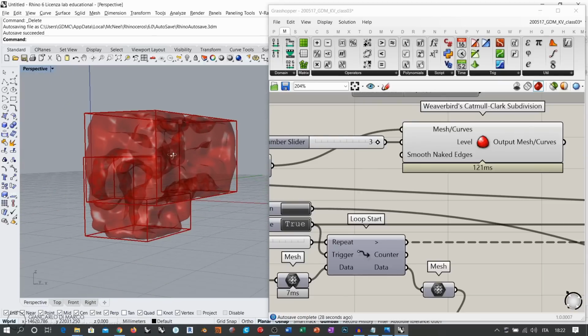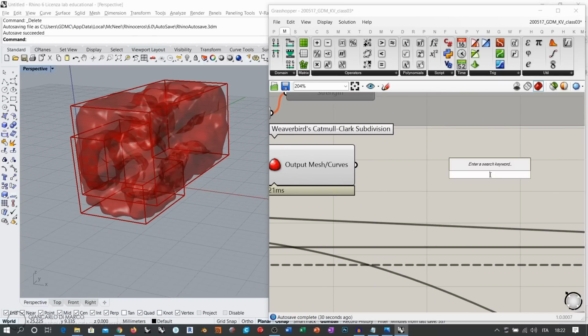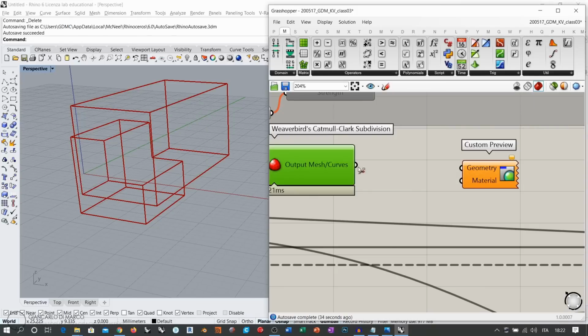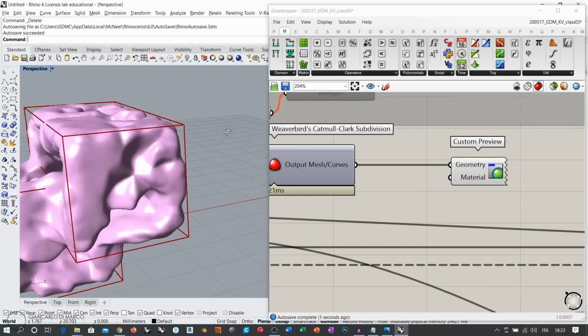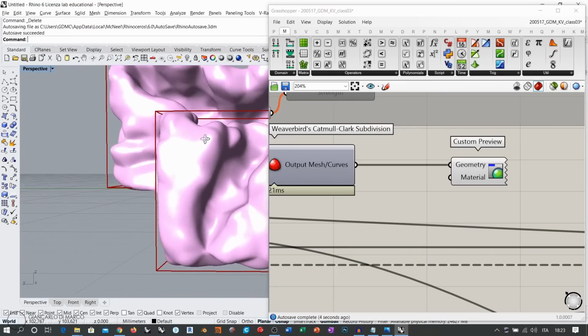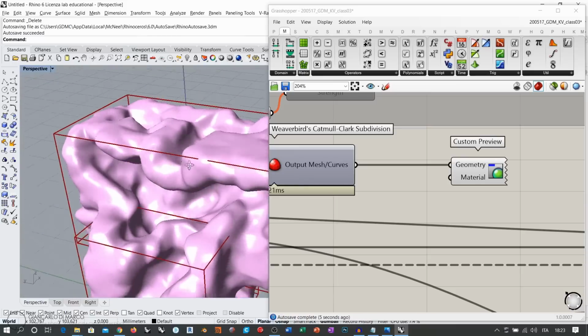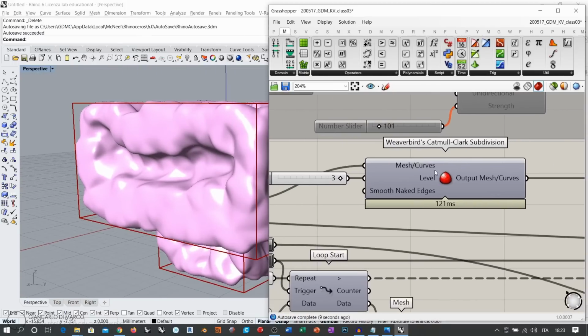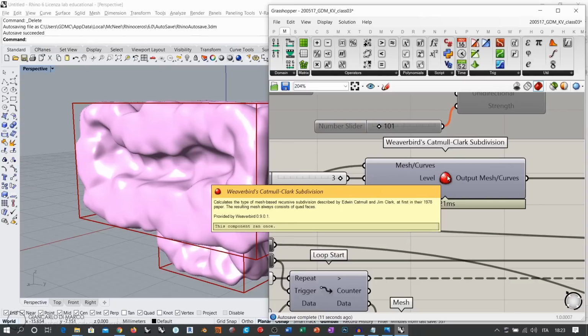If you want to have a look at this object a little more clearly, you can use a custom preview with whatever color you might want to use, but you see that this is the result that we are getting. There is also another thing that we can do, because what we are doing here, using Catmull-Clark after the simulation, is like when we were converting a high-resolution polyline into a high-resolution NURBS curve.